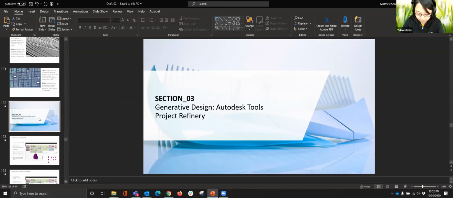You are making Dynamo code for goals, each goal, and I'm interested in how you work as a team to develop this Dynamo code, because for me it's really difficult to divide the task in Dynamo, and we always run out of time because the Dynamo coder is only one person, or we cannot collaborate well. How do you experience that?